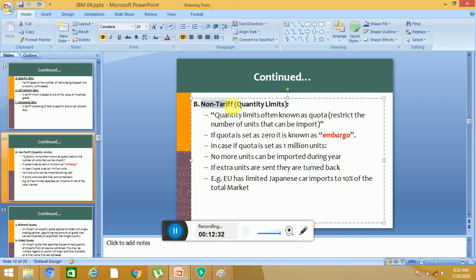Why are we imposing a non-tariff barrier? We want to limit the imports to the country. If quota is set as zero, it is known as embargo. Embargo means ban. You can't import goods to our country.